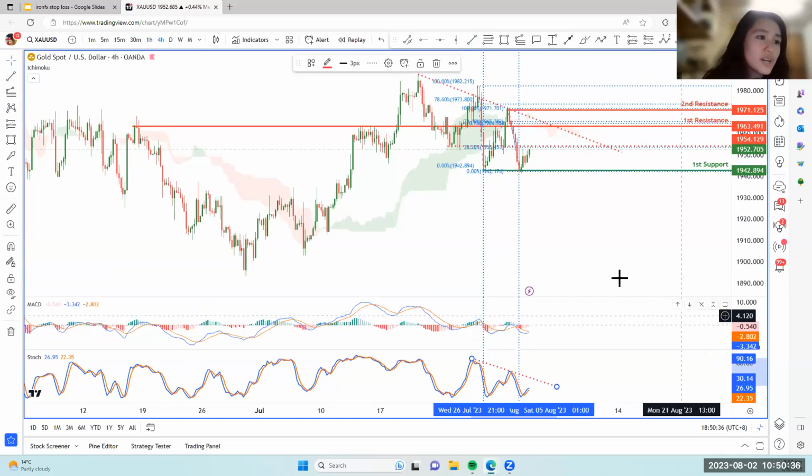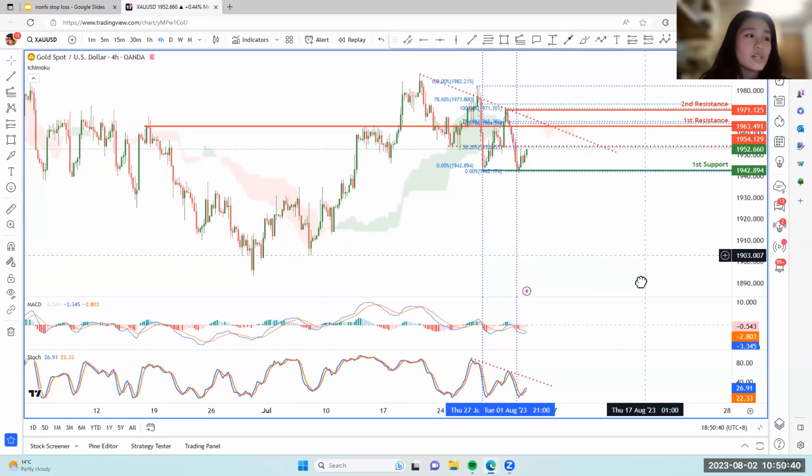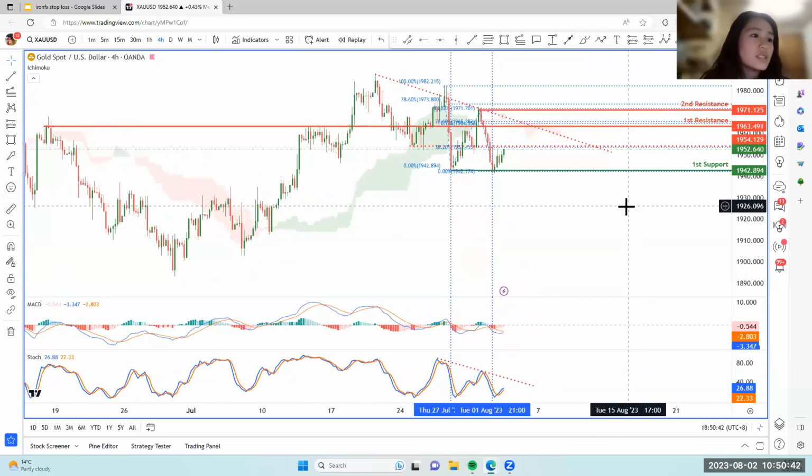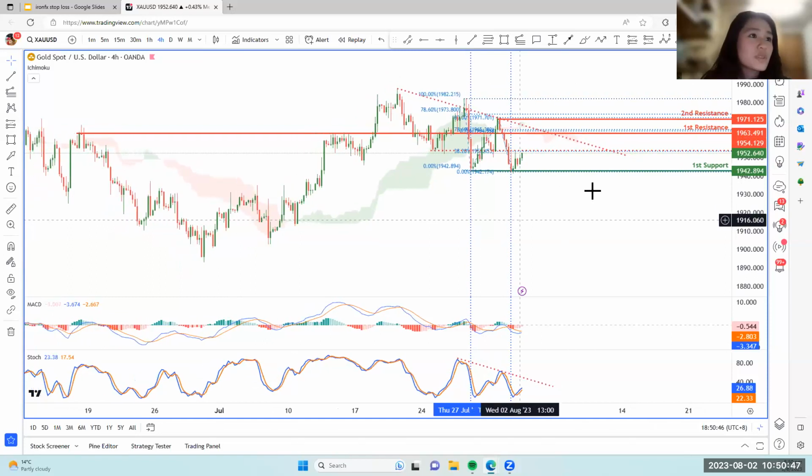So I'm gonna move my RSI, and 3 out of the 4 indicators that we've used tell us that it is a bearish momentum.